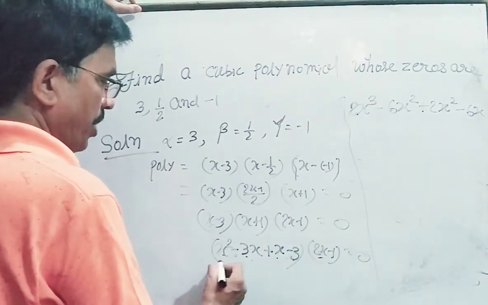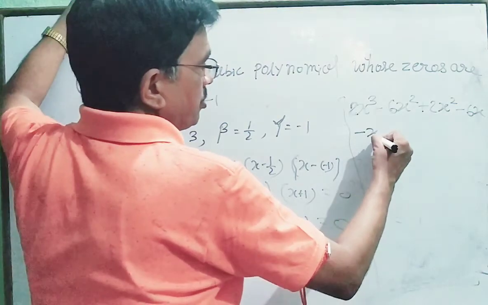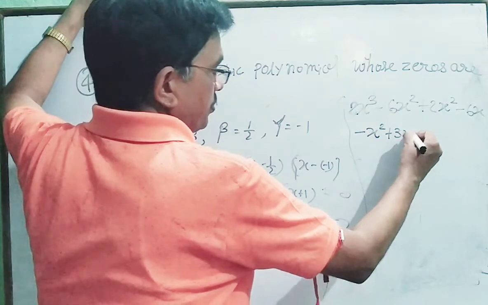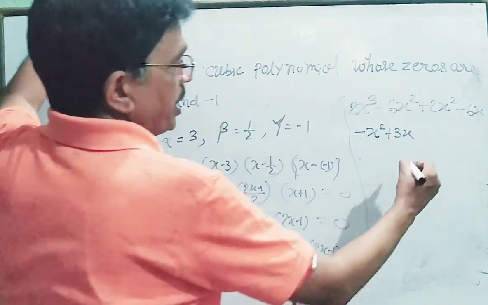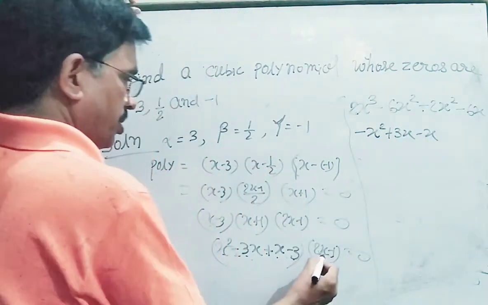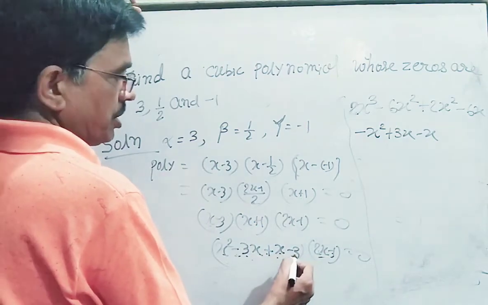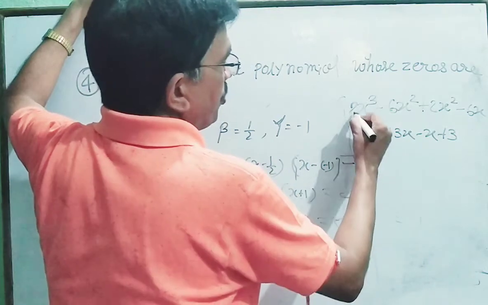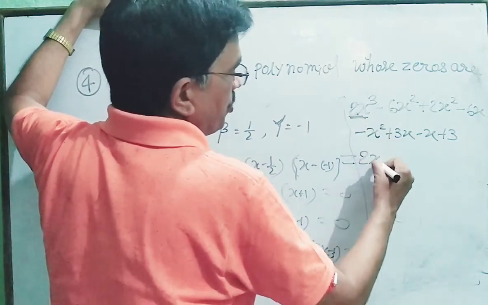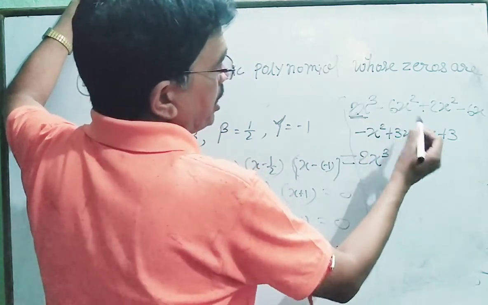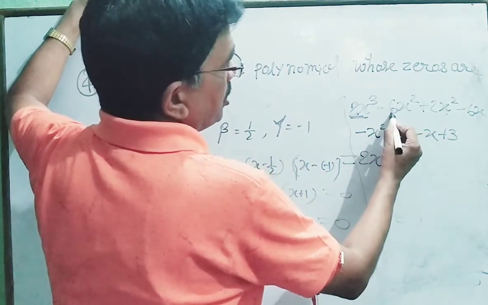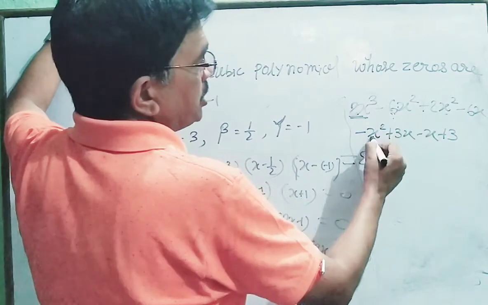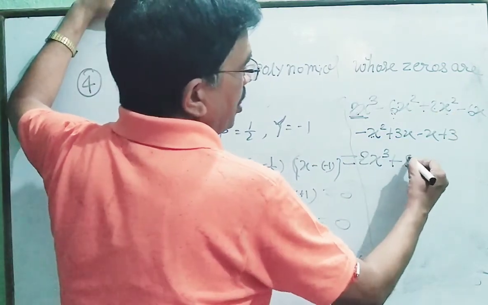Now multiply by minus 1: minus x square plus 3x minus x plus 3. Wait, that is minus x square plus 3x minus 2x... So your polynomial is 2x cube, as x cube has only 1 in front. The x square terms: minus 6, plus 2, minus 1, that is minus 5x square.